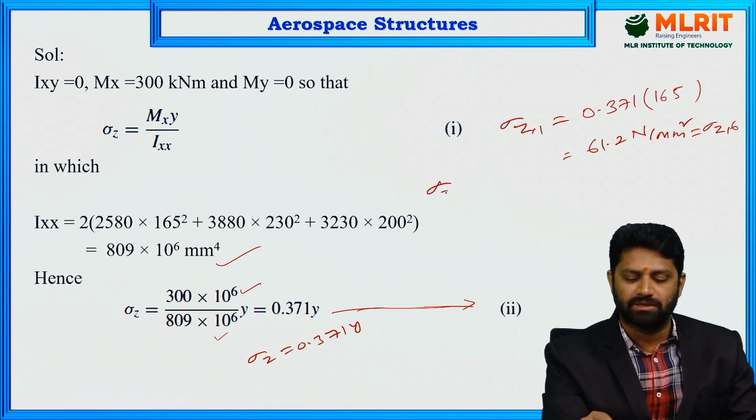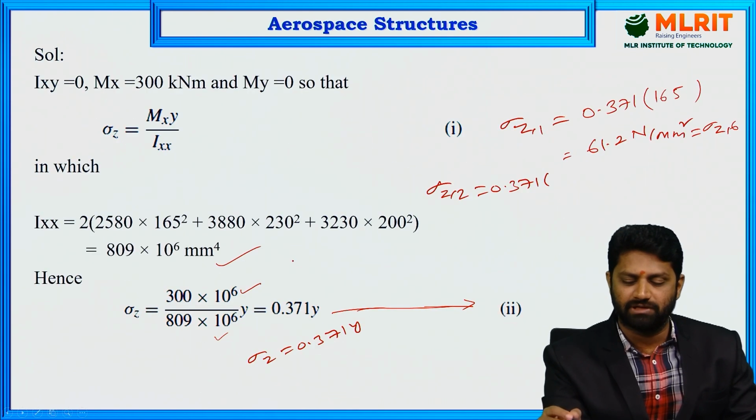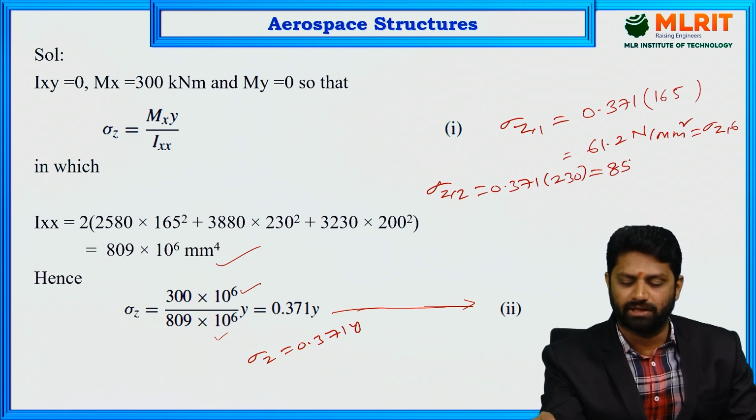Similarly, sigma z2 equals 0.371, and the y distance of boom 2 is nothing but 230. We'll substitute 230 here, and you're going to get the boom stress equal to 85.3 Newton per mm square.